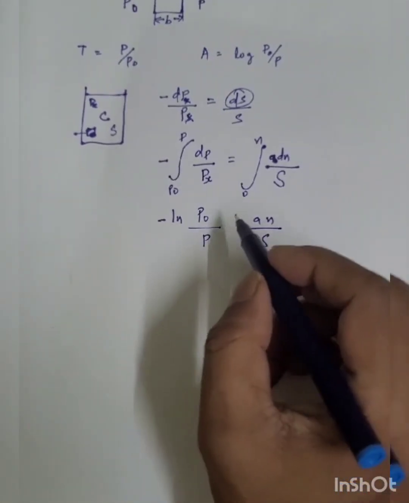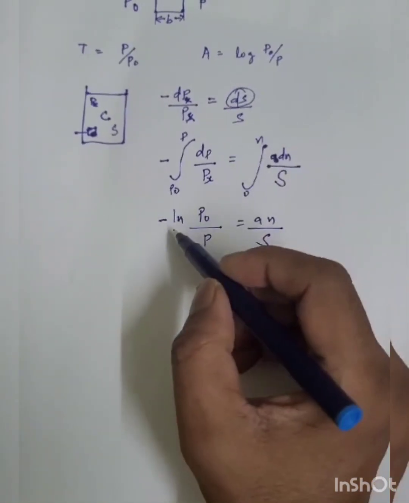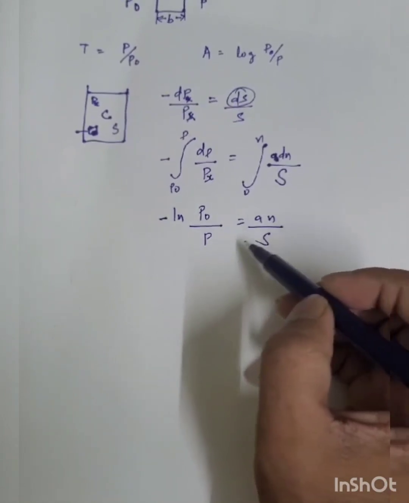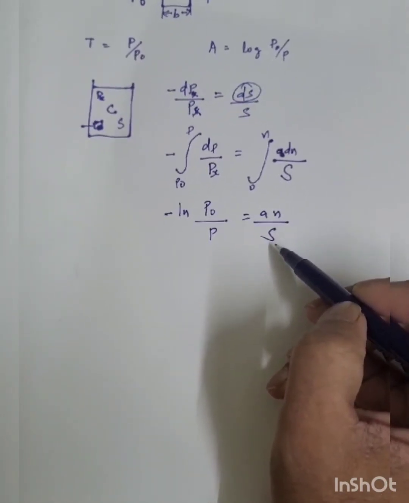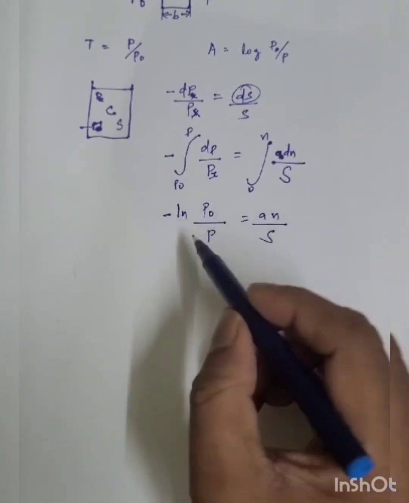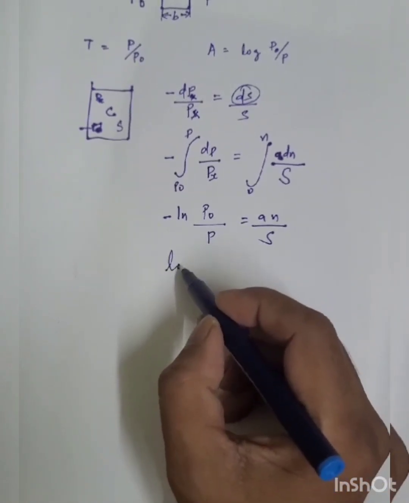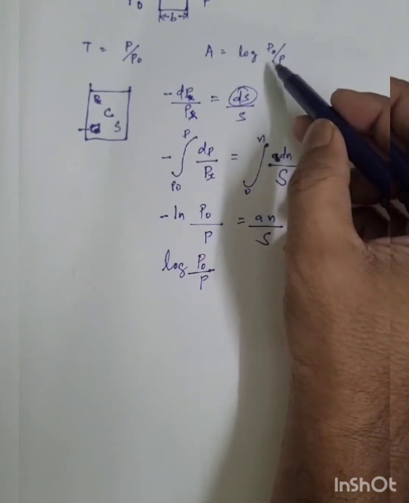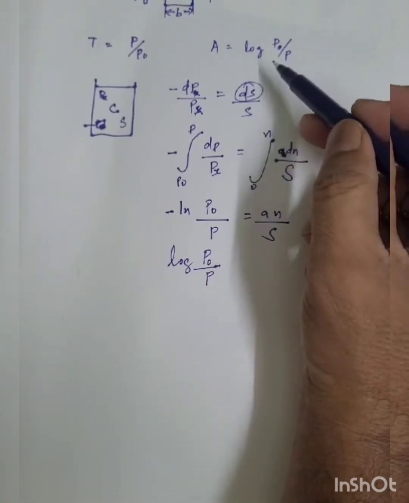So this is the integration. When you integrate this, we get a minus, because light is decreased: minus ln P by P0, which is equal to a n by S. So what is log P0 by P? Already we have seen that log P0 by P is absorbance.